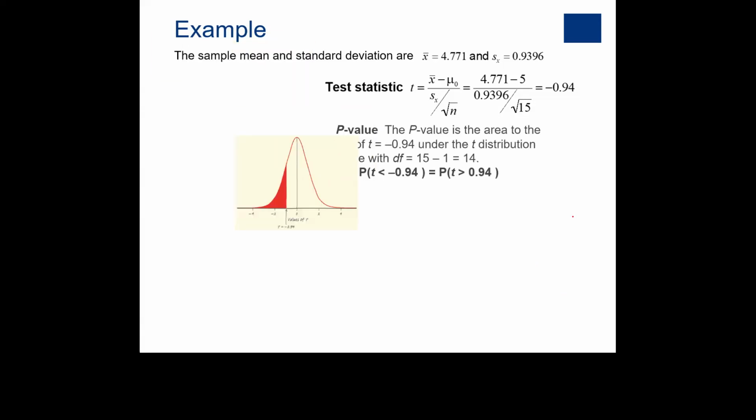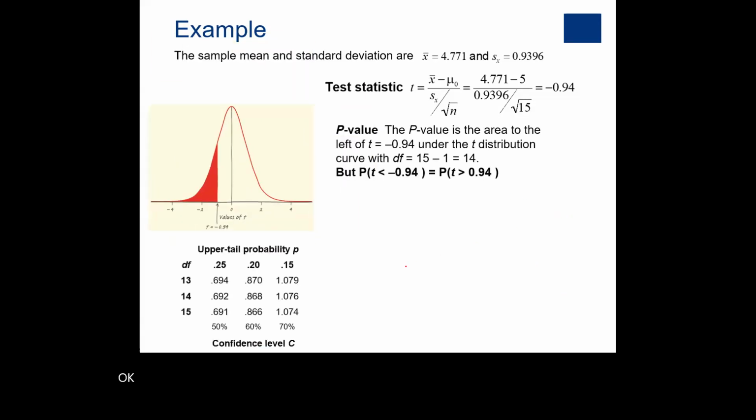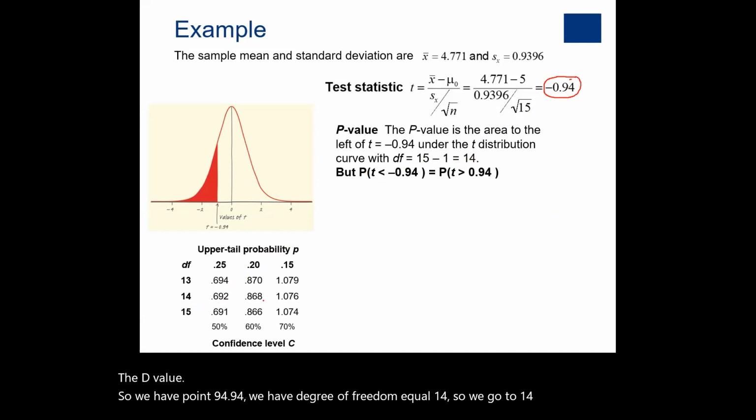Okay, so we use this value of t calculated to find the p value. So we have 0.94. We have degrees of freedom equal to 14, so we go to 14 and try to find this value.